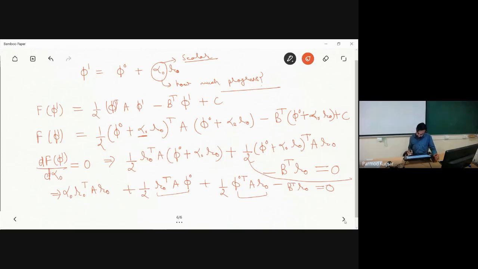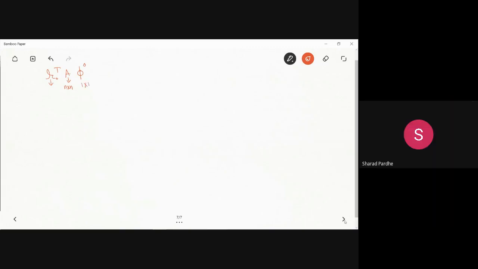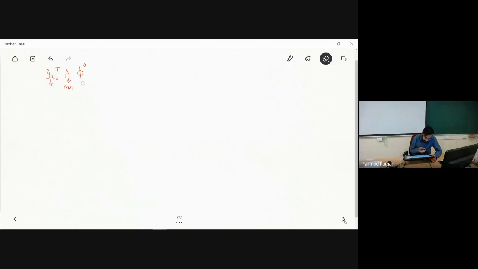Let me take this first term, r naught transpose A phi naught. What is the size of the r naught transpose matrix? What is the size of the A matrix? N by N, if I have N system of equations. What is the size of the phi naught matrix? N cross 1.